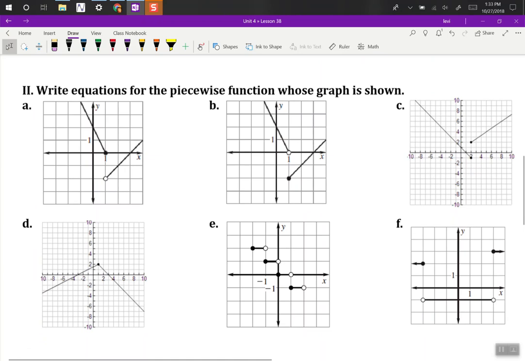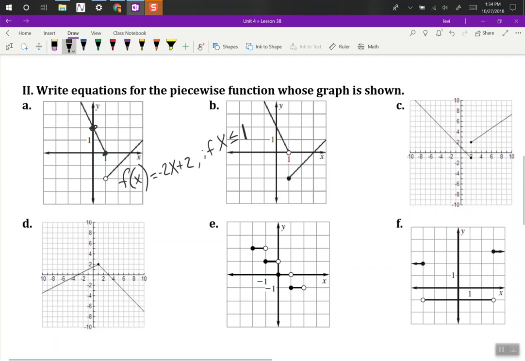Write equations for the graphs shown. So this will be f of x equals, and our first one looks like a y-intercept of 2, so that's +2, and we're going down 2/1, so -2x, and we're going to where x is 1, so our constraint is if x values are less than or equal to 1.